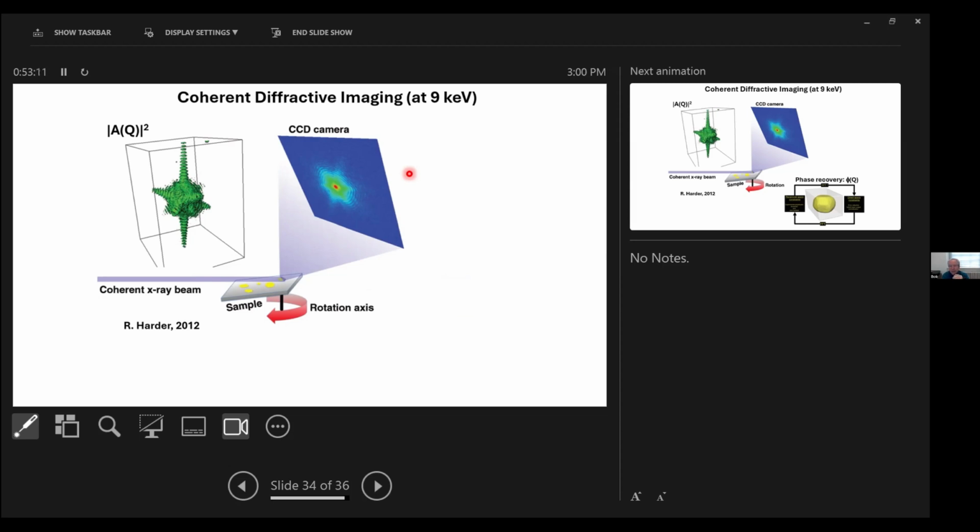You'll be able to get way far away from the sample with your detector, and therefore resolve very rapid truncation fringes. The truncation fringes are the handle that you have when you do the phase retrieval to regenerate the shape of the grain.